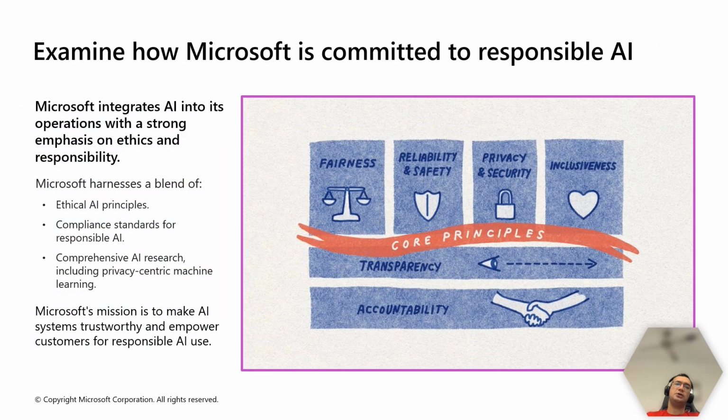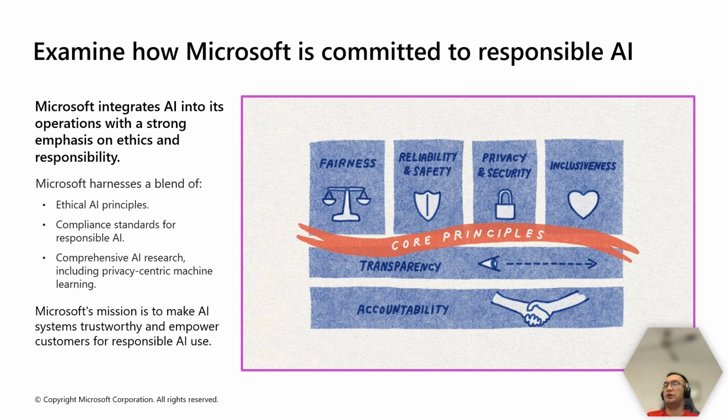So the last slide here is showing how Microsoft is committed to providing responsible AI. And responsible AI relies on six main components, which are fairness, reliability and safety, privacy and security, inclusiveness, transparency, and accountability. What is fairness? Fairness is striving to eliminate biases for equal treatment of all users.